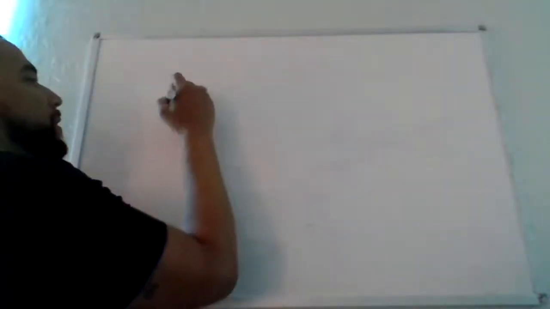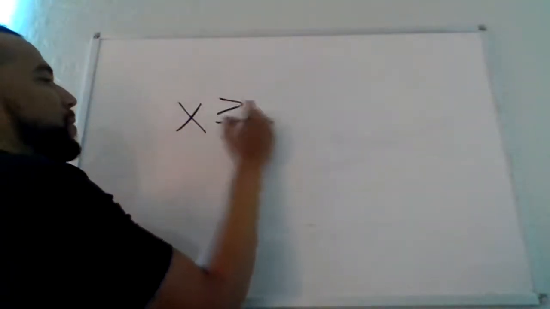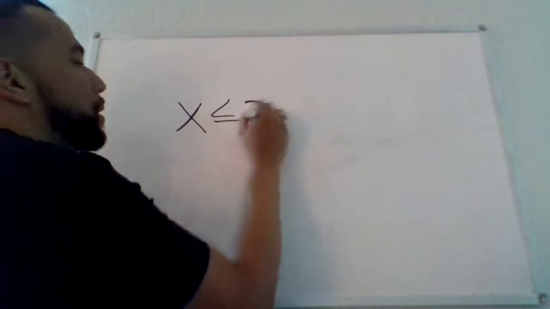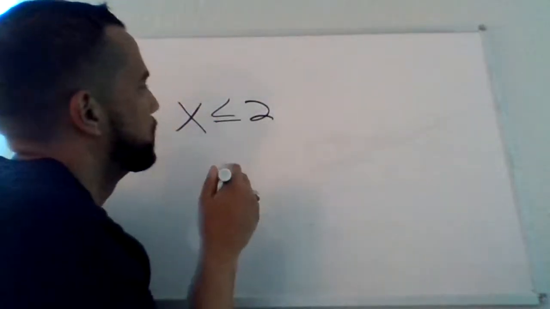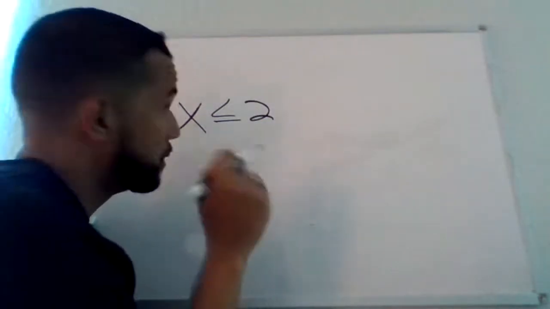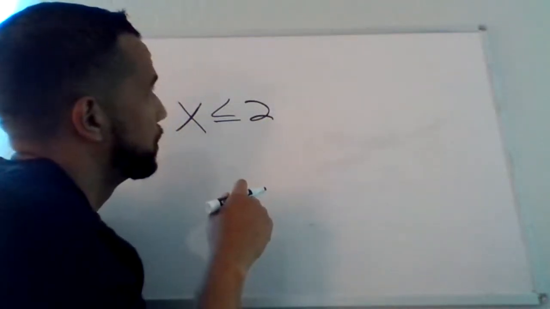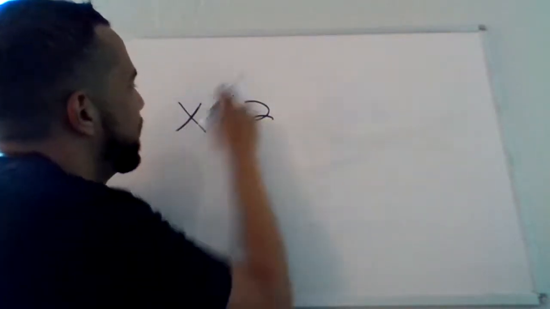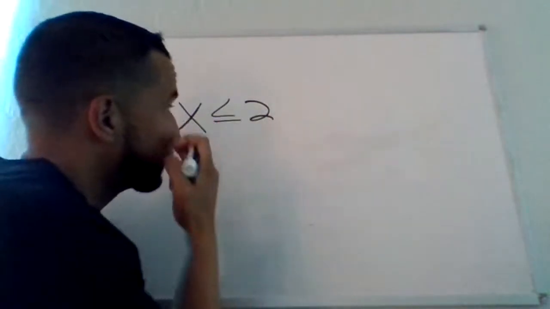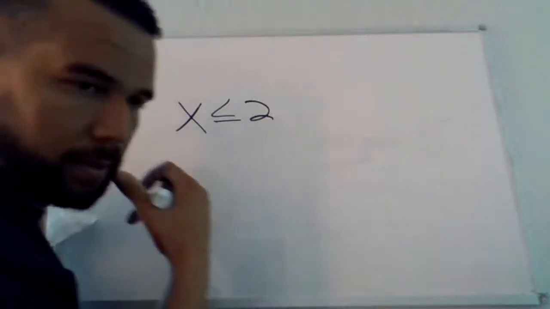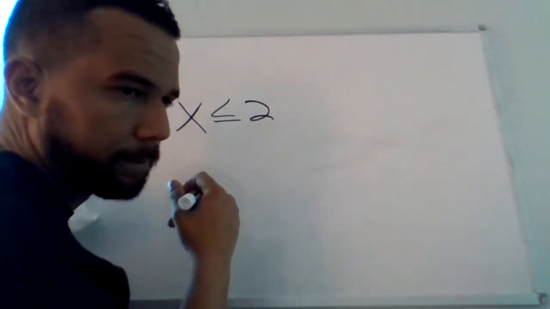So x is less than or equal to 2, and greater than or equal to negative 2. So x is less than or equal to 2. And then what else? Negative. Oh, okay.